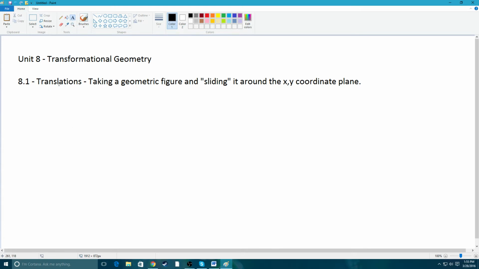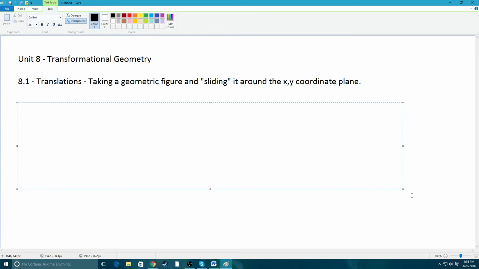The first thing I want to talk about is how to write a rule, or what the rule means. First off, x comma y. You guys are all used to seeing x, y coordinates. What's really useful to remember is that when you think of an xy coordinate plane, x is the axis that moves left to right.